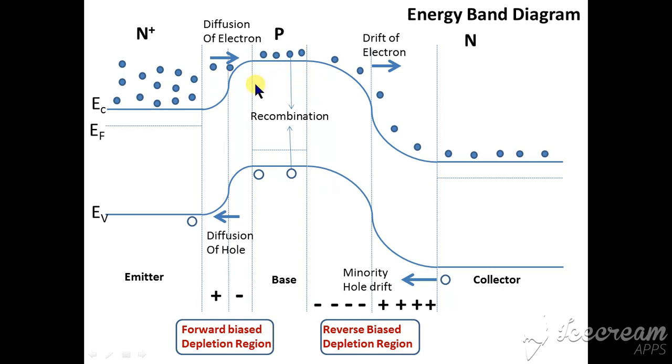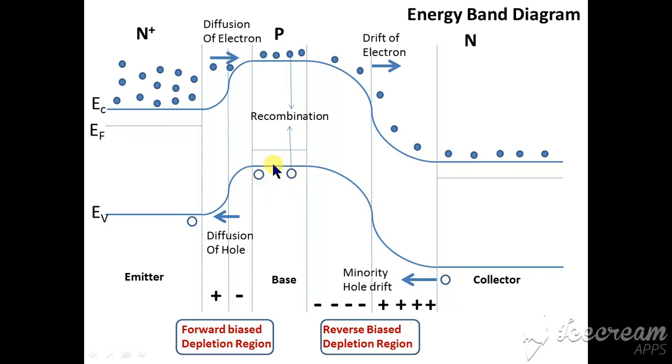If the effective width of the P region, that is the undepleted portion of the P region, is smaller compared to the diffusion length of the electron, then the high concentration density at the edge of the collector-base junction results in further diffusion of these electrons into the reverse biased collector-base junction, where they are swept out by the high electric field, and the drift motion of these electrons results in a huge current at the collector.